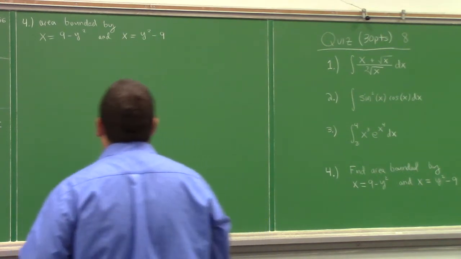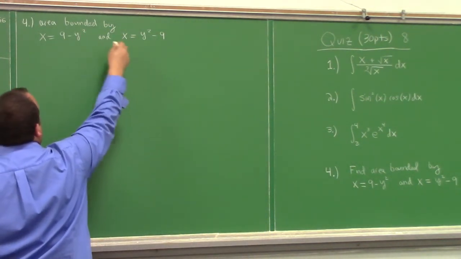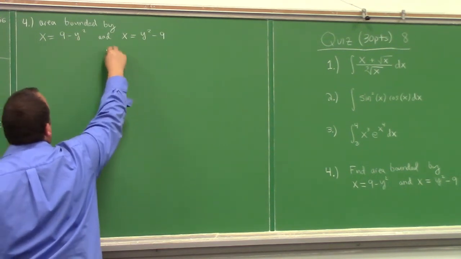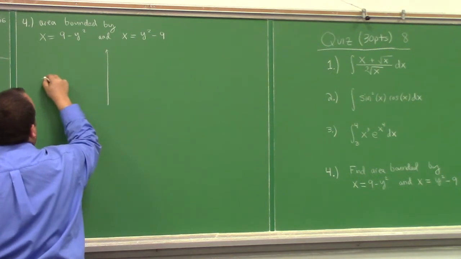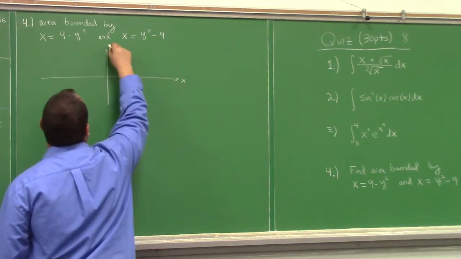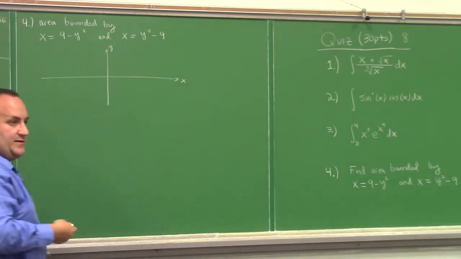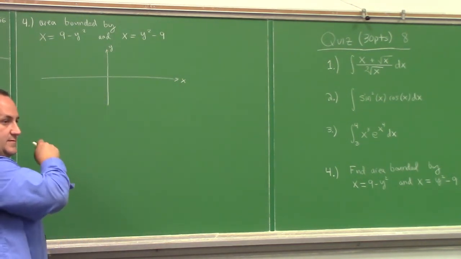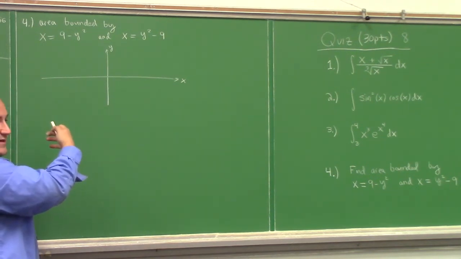Okay, so what are these? 9 minus y squared is a parabola that opens to the left, right? Its x-intercept is 9.